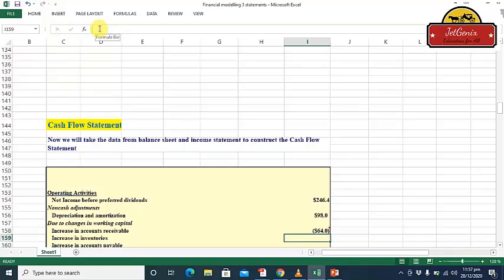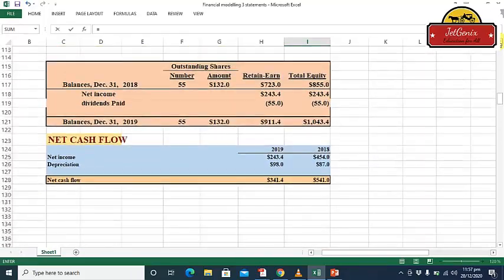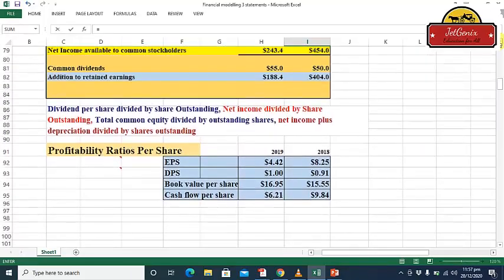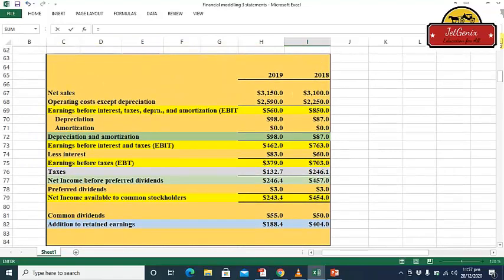Again we are going to calculate the increase in inventory. Press equal and go to the balance sheet so that we can find the inventories there. In the same way we are going to calculate the increase in inventory.